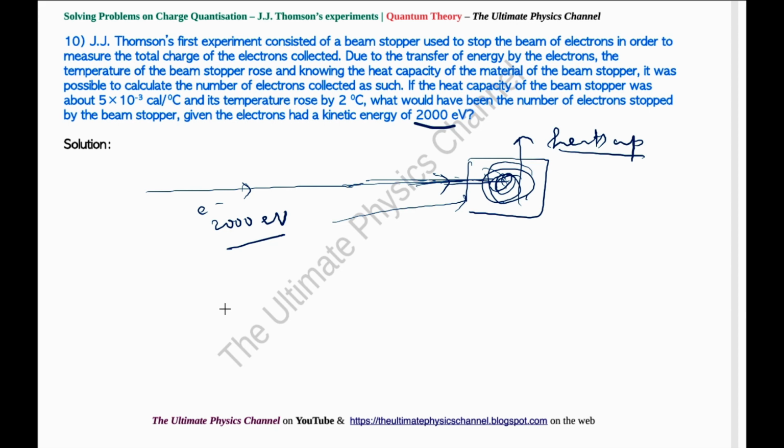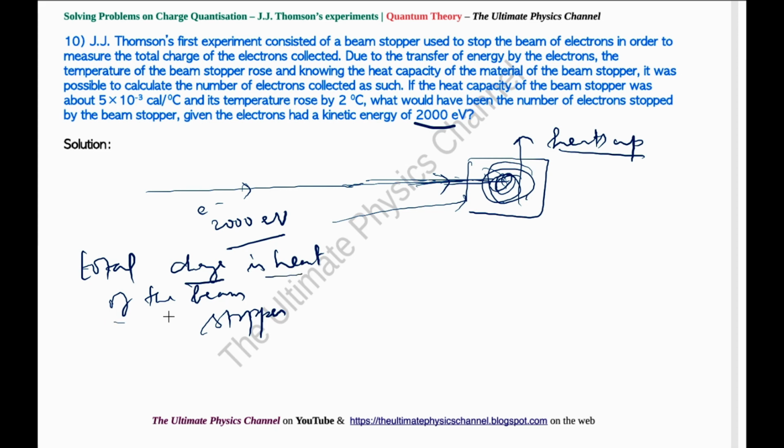That's the idea here. Now let's first calculate the total change in heat due to the stoppage of the electrons by the beam stopper. The total change in heat of the beam stopper is equal to its heat capacity times the change in temperature.